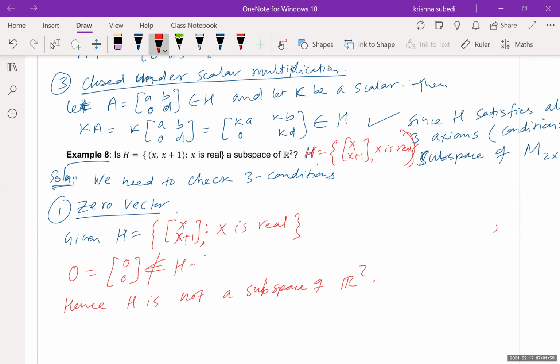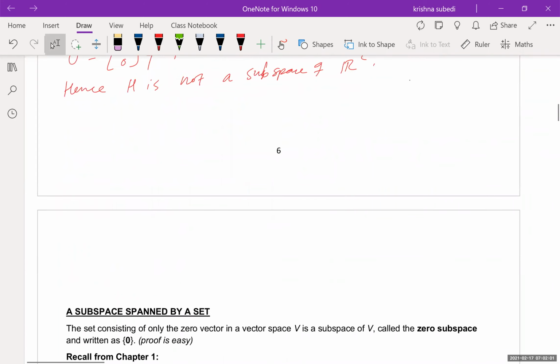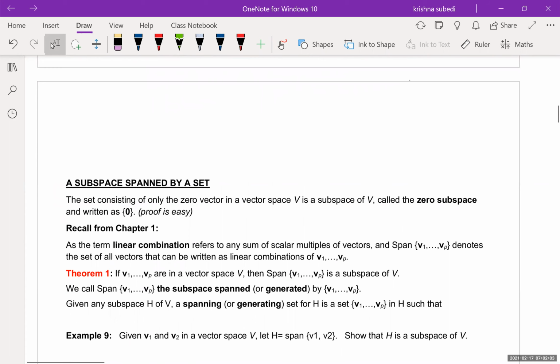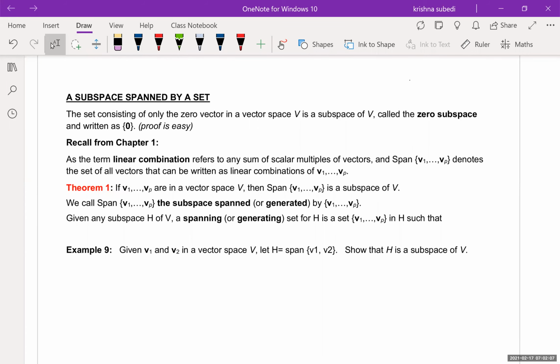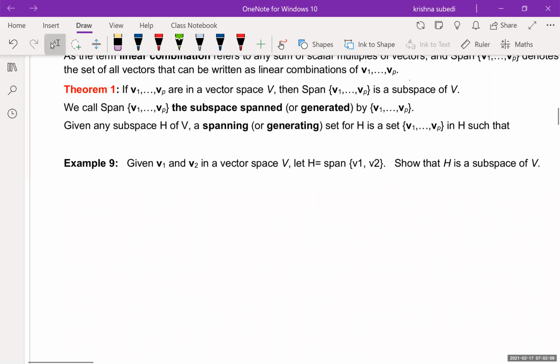Now, sometimes using a theorem makes life so much easier. Here is theorem 1. If v1, v2, all the way up to vp are in a vector space V, then the span of v1, v2, all the way up to vp is a subspace of V. Recall the meaning of span.